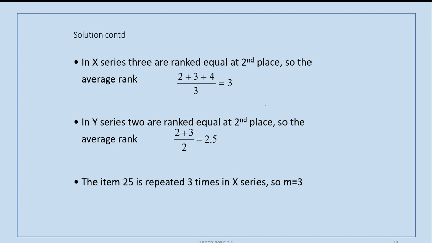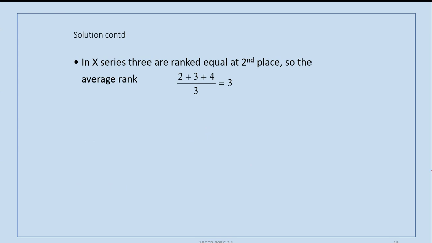And the item 50 is repeated 2 times. So M is equal to 2. 50 is repeated 2 times only, so M is equal to 2. Like this, we have to assign the ranks, and then we will work out the problem.